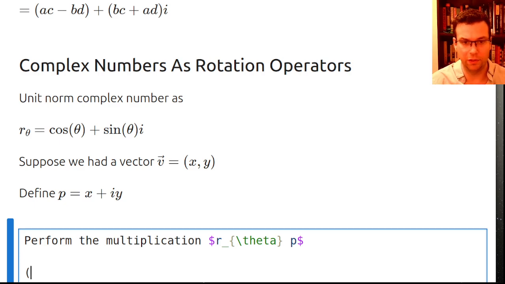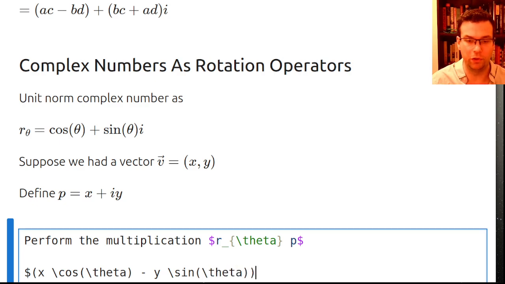That's going to be cosine of theta times c, which is x. Okay, so that's going to be x cosine of theta. And then it'll be plus, or no, actually, sorry, minus. Okay, so b, that is sine theta, right? So this is a plus bi, and this is c plus di. So b would be sine of theta, and d would be y. So that'd be actually minus y sine theta.